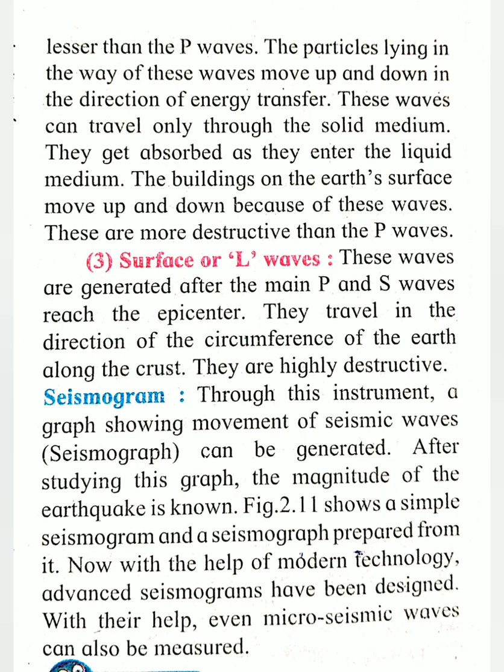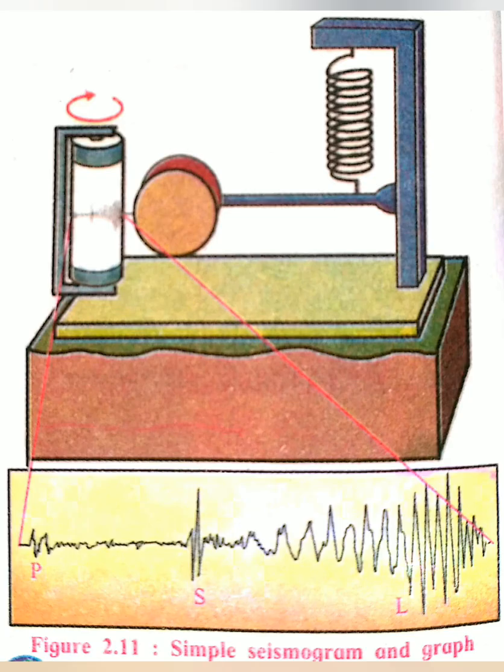Then we have also studied the seismogram, that is the machine where the earthquake is recorded. We have seen on the graph itself P waves, S waves, and L waves. Now let us do the activity together.